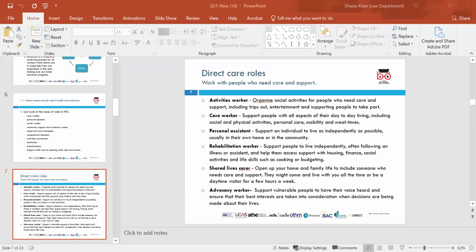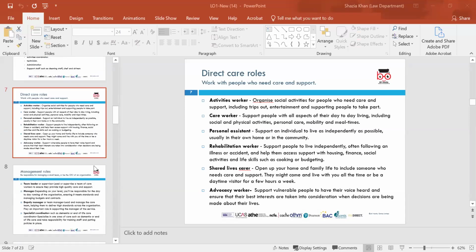Advocacy workers look at disability living allowance, care plans that need to be put in place, financial planning, and helping people make their own decisions, because if they become ill, it's sometimes difficult for them to make their own decisions.